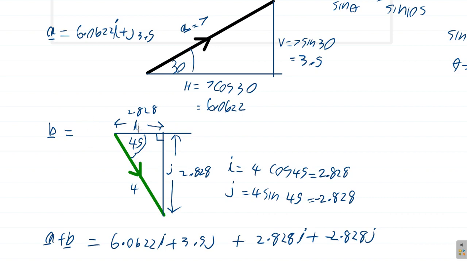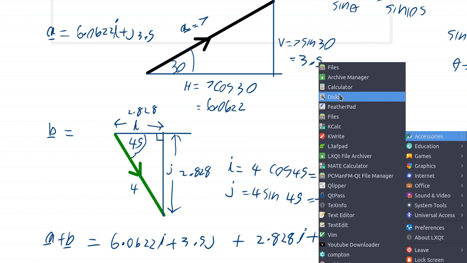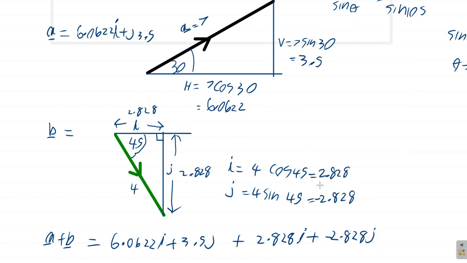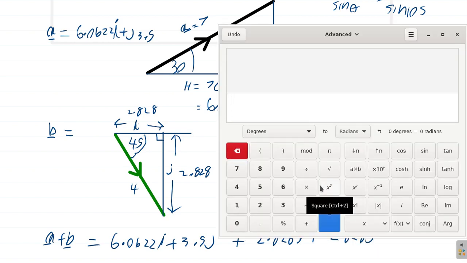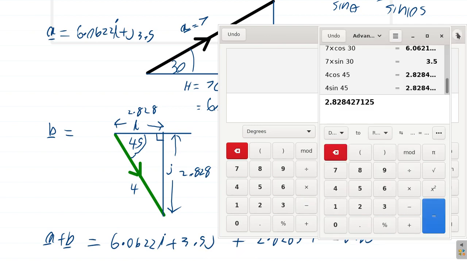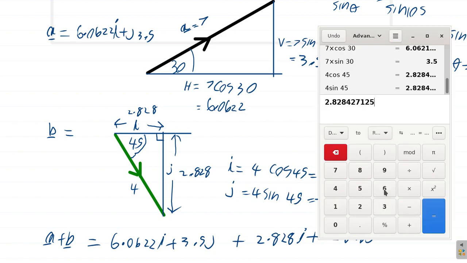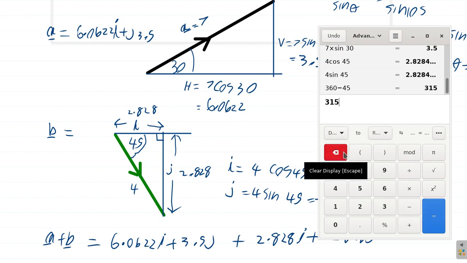Now, this angle is the same as positive 360 minus 45. So let's do that as a review. 360 minus 45 equals 315.